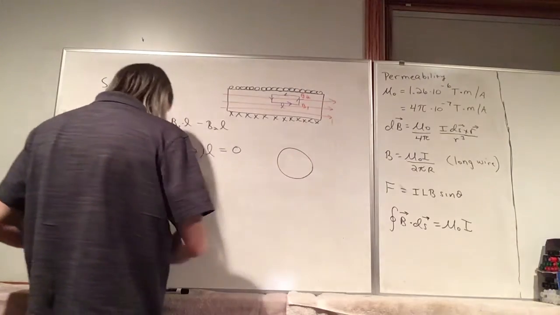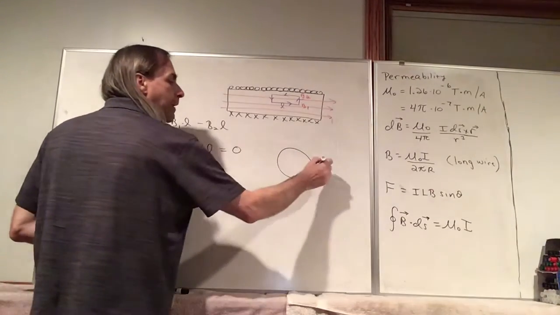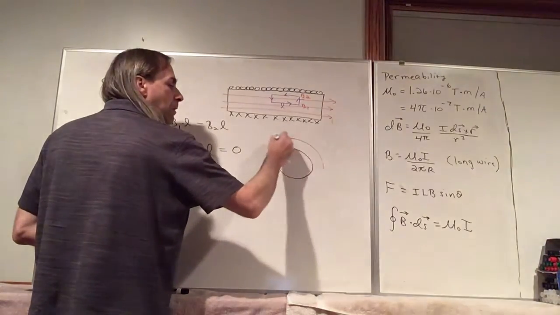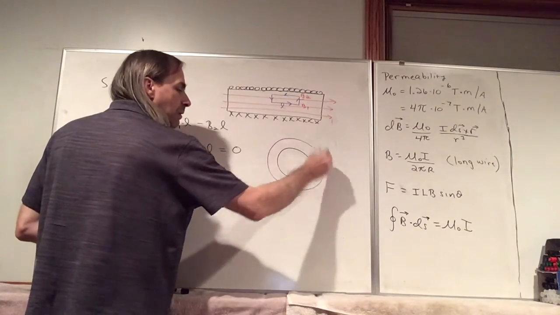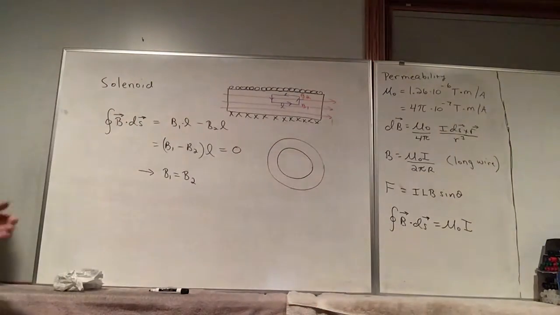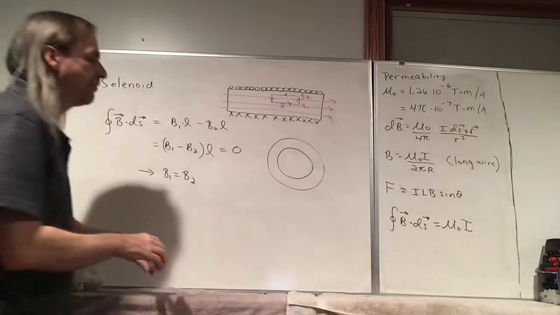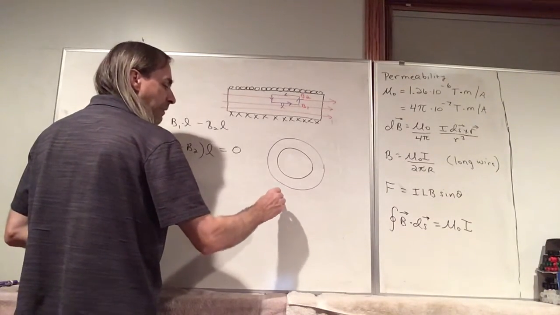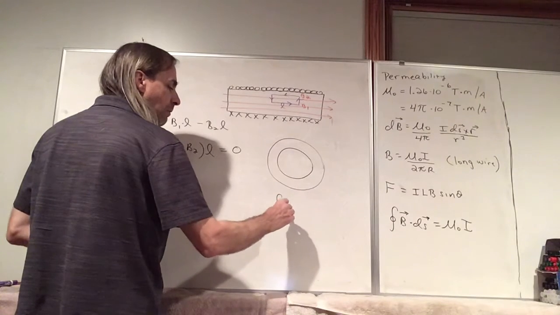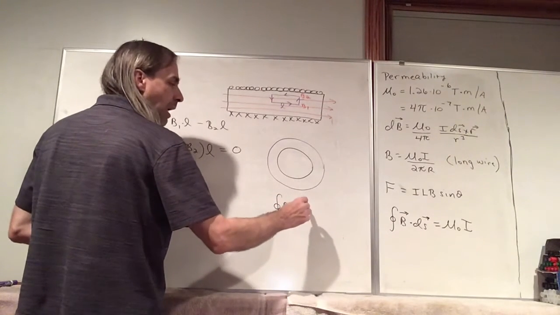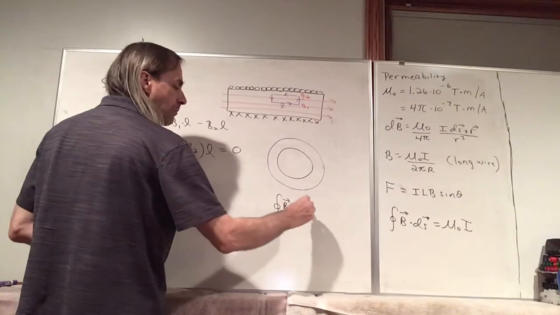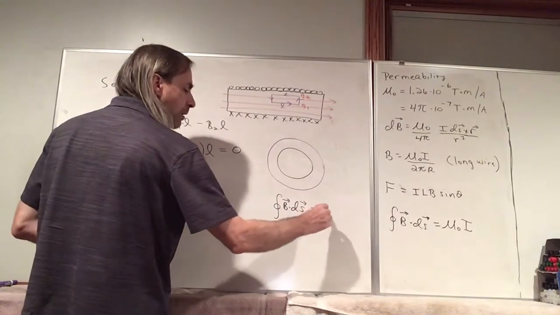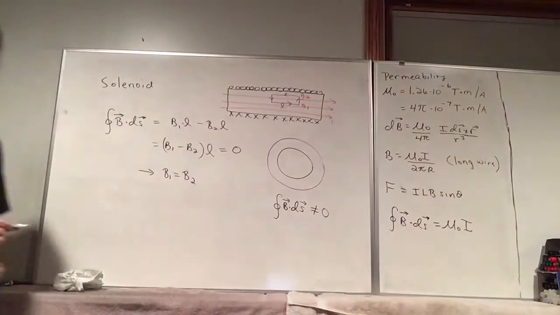And let's draw an Amperian loop like this. Now, we're not going to do too much with this, but let's look at this integral, B dot ds, and this actually cannot be equal to 0.